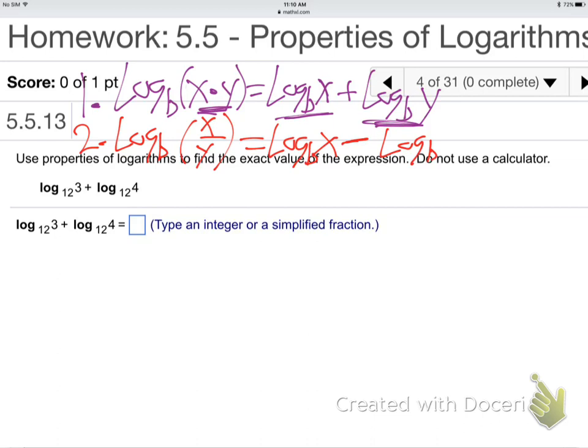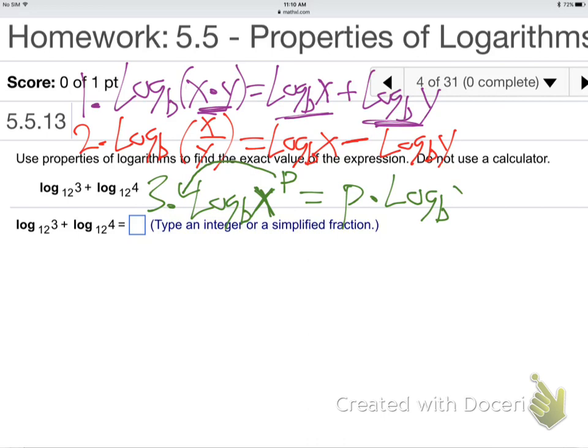Subtraction, yeah. And the third property is really the greatest property. It's the one we've already used. If you have the log and you have a power, what can that power do? It comes down to the front, dethrones it, takes it out of power. Like that. So there's the 3 log properties.